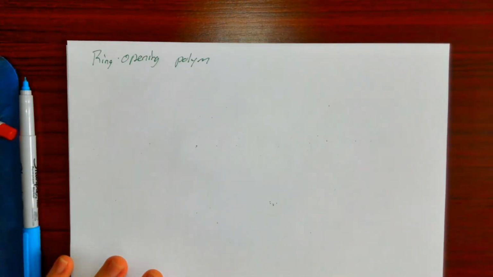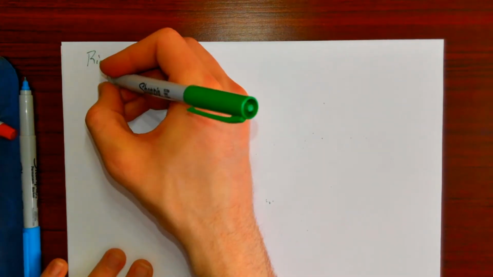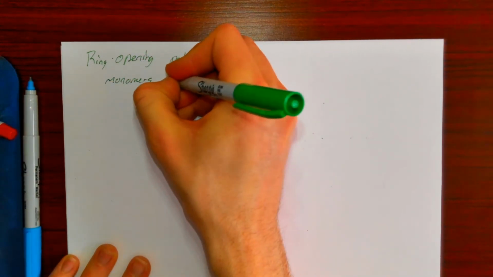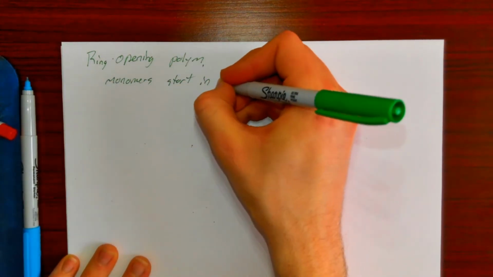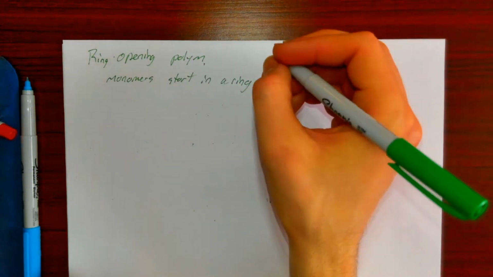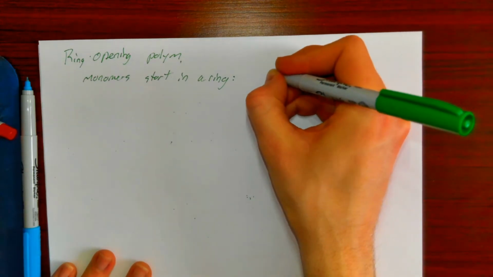So ring opening polymerization basically has the monomers start in a ring shape. One example of a ring opening polymer is this one.